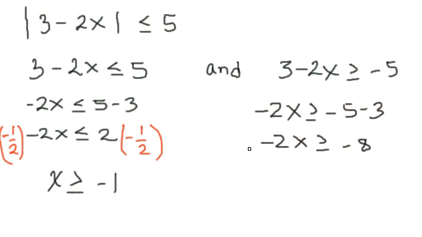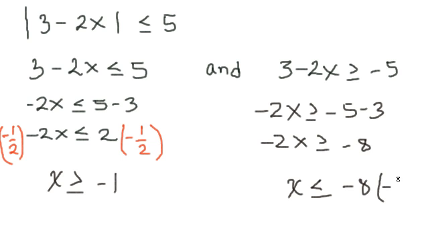Now I'm going to multiply through by negative a half to both sides, just like I did here. And so we know that a negative a half times negative 2 is 1. So we're going to be left with just an x, but we have to flip this now because we're multiplying through by a negative. It's the only time that you flip this inequality is when we're multiplying through by a negative.